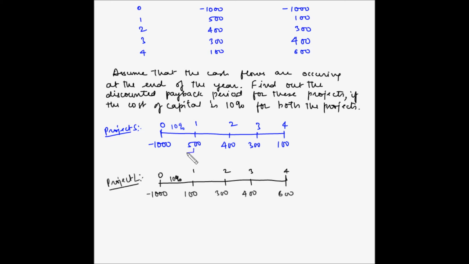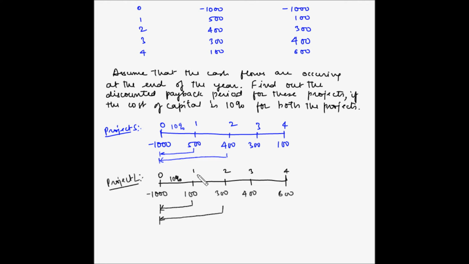So basically this 500, we should find out what will be the value as of today. Similarly for this 400, what is the value as of today, and so on. Similarly for project L also, we have to find out the value of these cash flows as of today. And the discount rate for both the projects is 10%.